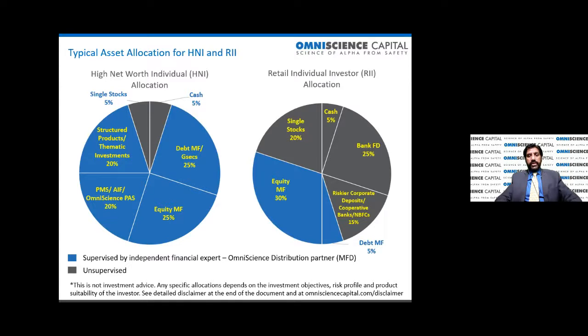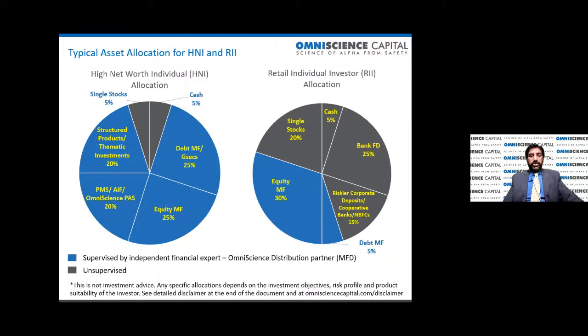So HNIs in India, this is how typically their portfolio looks like. Nearly 90% to 100% of that is supervised by some expert, as opposed to retail investors, maybe 30 to 40% is under supervision with partners like you. But the remaining portion is unsupervised and allocated in a very ad hoc manner by the retail.